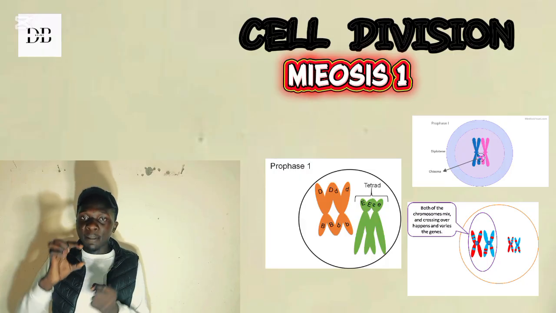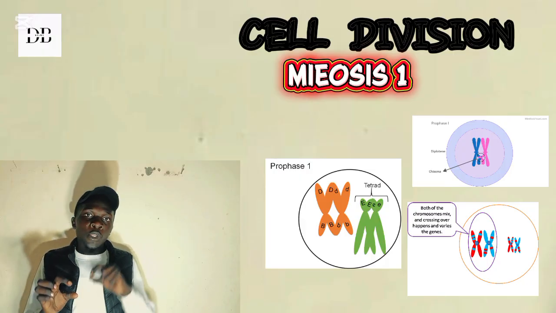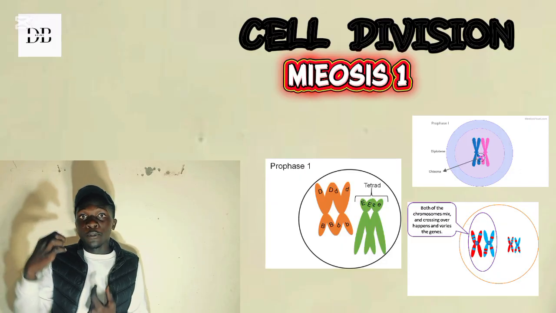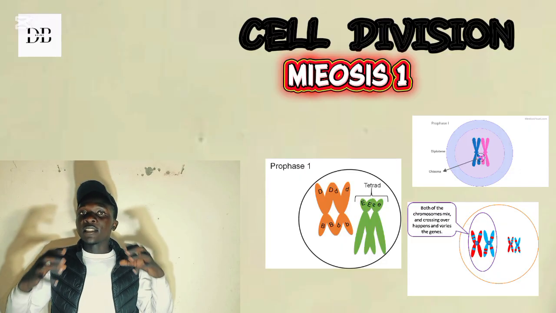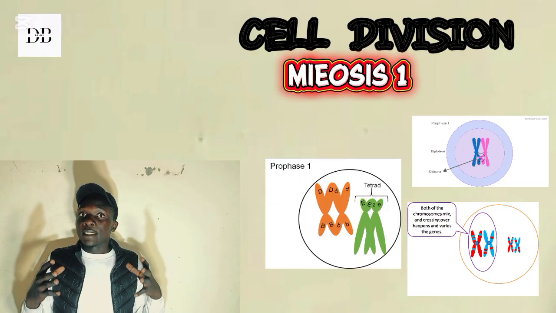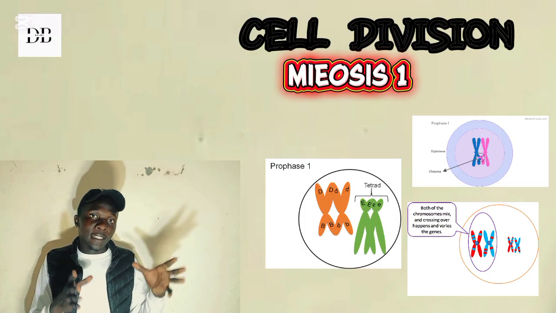As they condense, they become short and thick, which allows them to be viewed under a light microscope. And so cell division now starts taking place inside the prophase I stage.